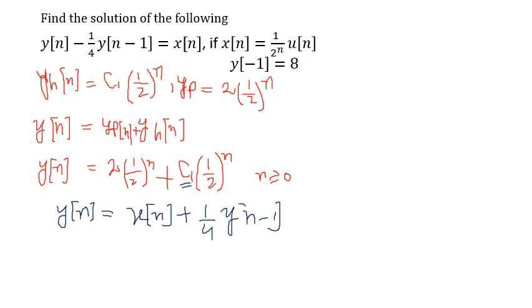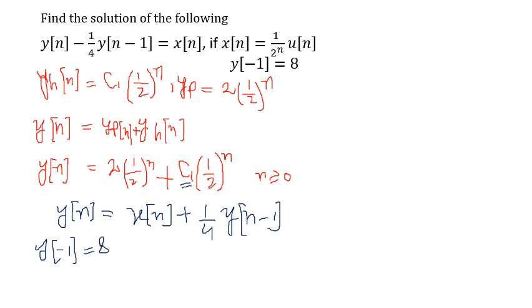This is the original equation. I just wrote it in the recursive form. So we are given that y of minus 1 is equal to 8.